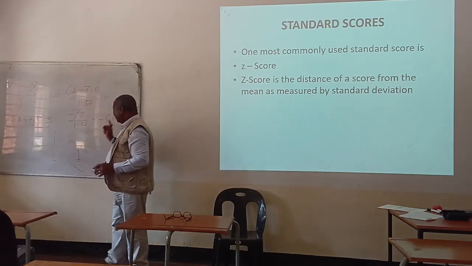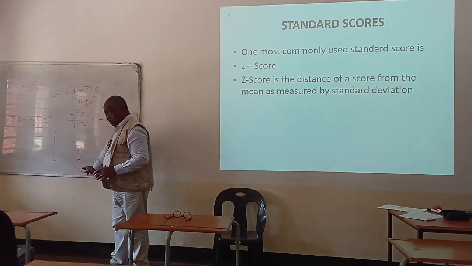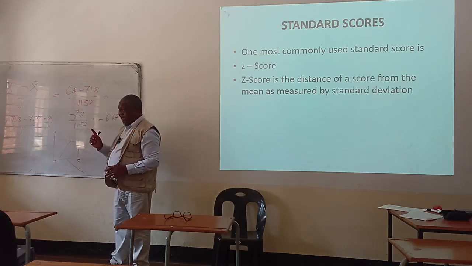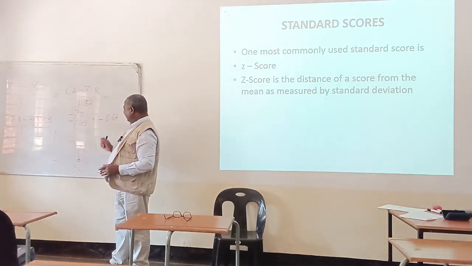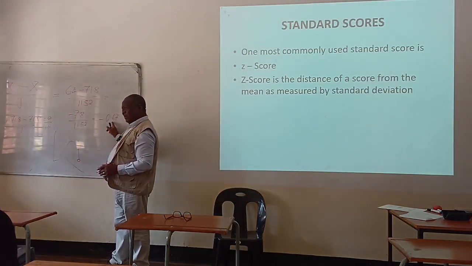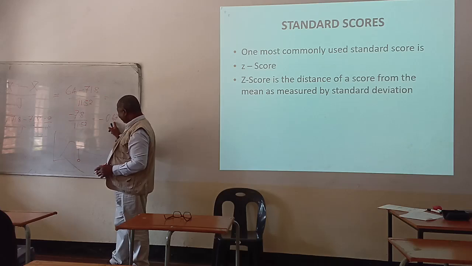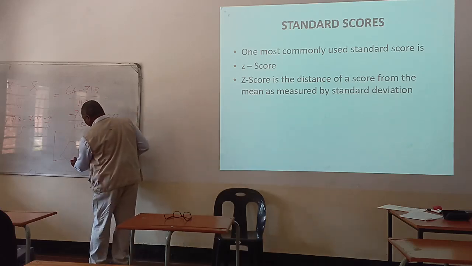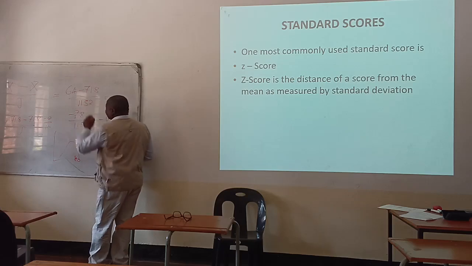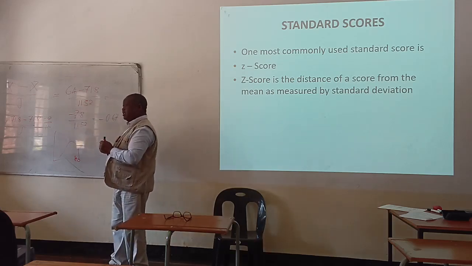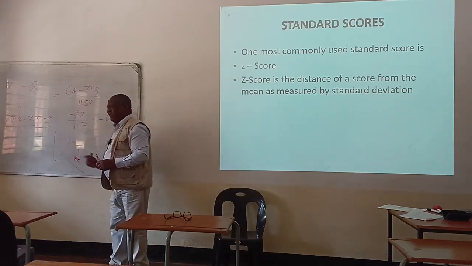So the mean is always 0 in a standard score distribution. Which means that this is 0, and minus 0.67 will go down on this scale. That's where the score of 64 is falling in this distribution.